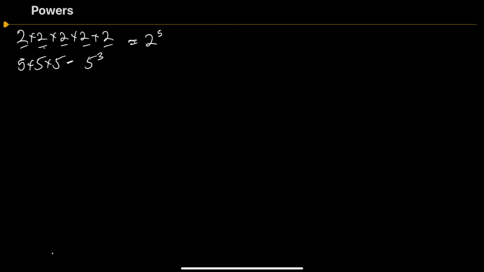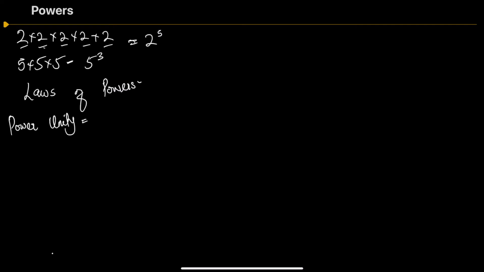Now, what are the laws of powers? So here we move straight to the laws of powers. In mathematics, the first law is the power unity. What is power unity?